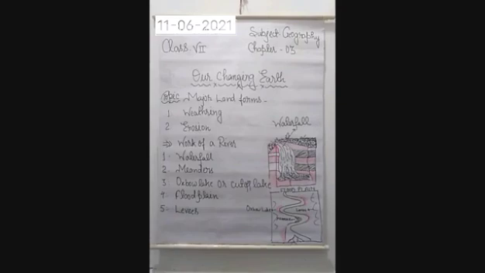These river movements are also responsible for the formation of different types of landforms. What are they?